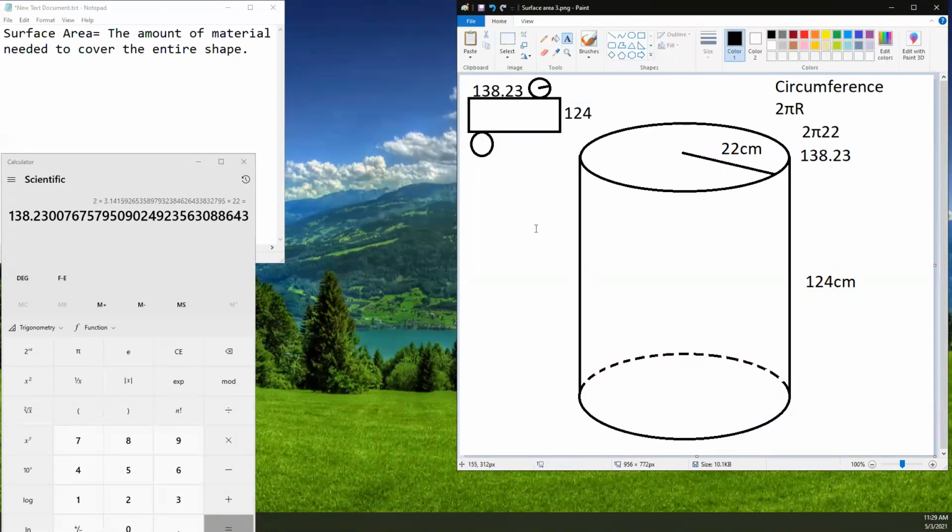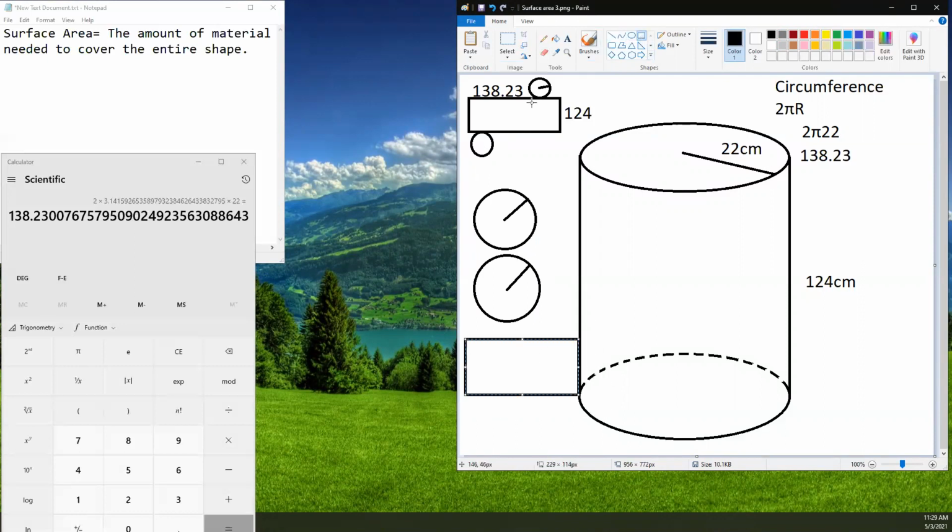So let's solve this out. We've got our two circles with a radius of 22. So you've got circle 1, circle 2, our radii are both 22. And then you've got the rectangle, right?